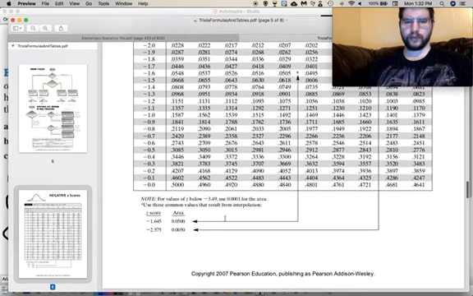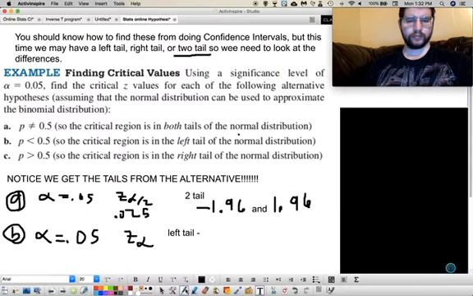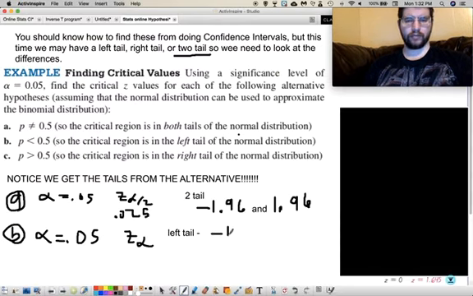If you look right here, 0.05 is negative 1.645. And that would be the left tail critical value.